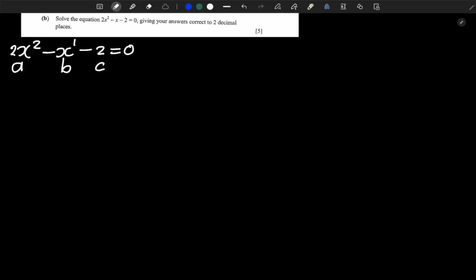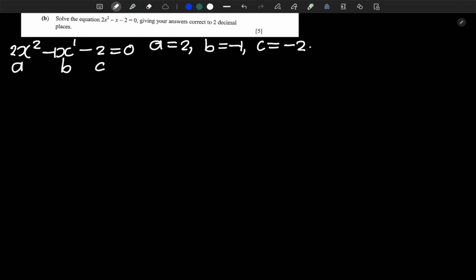So what are the values of these letters? a is the coefficient of x squared, which is 2. b is the coefficient of x raised to the power 1, which is negative 1 here. Then c is just the constant number, which is negative 2. So for this one, we don't have to use the factorization method.